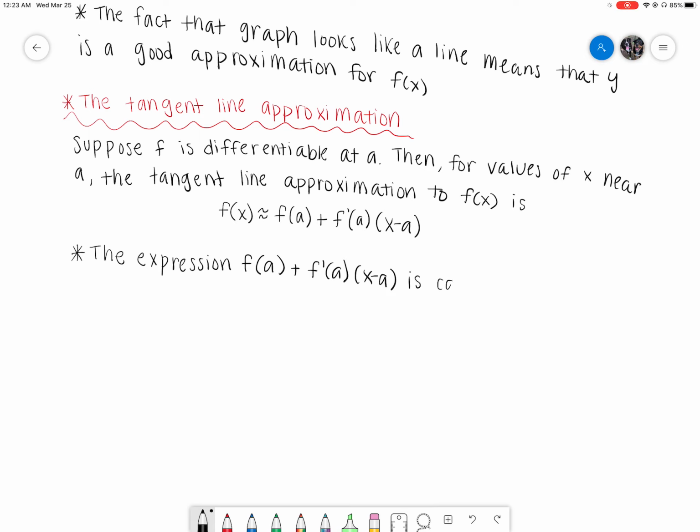Often it is called the local linearization of f near x equals a.